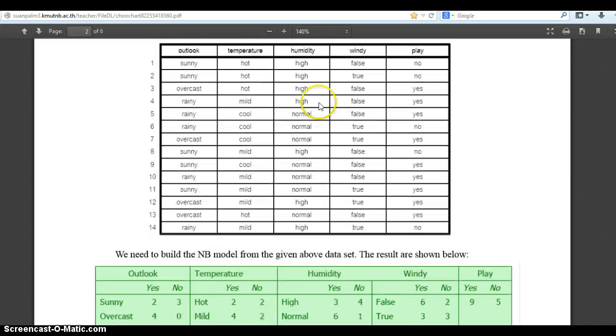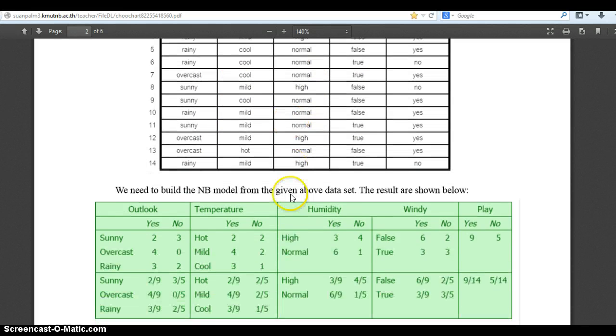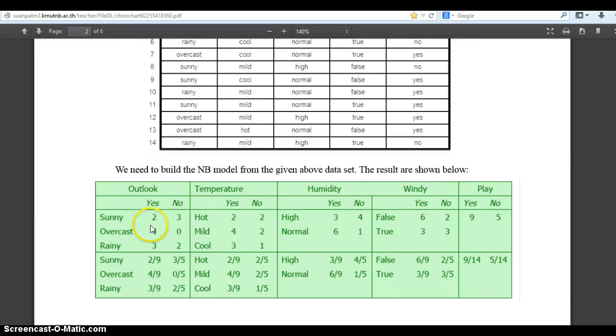So when you break all this data down of these 14 occurrences, you get these results here. So you have your outlook feature, temperature feature, humidity feature, and wind feature. When you break all the data down, you get 2 yeses for sunny, 3 no's, and so on for all these other values.